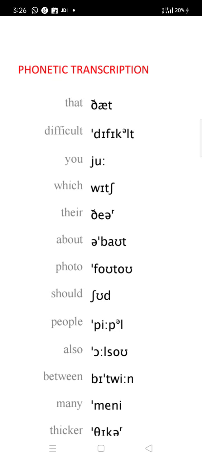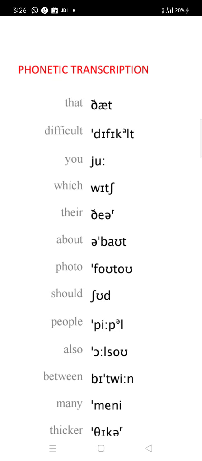Next is which. At first, pronounce the word which. How many sounds are there? There are 3 sounds. First one is, second is E, and next is ch.